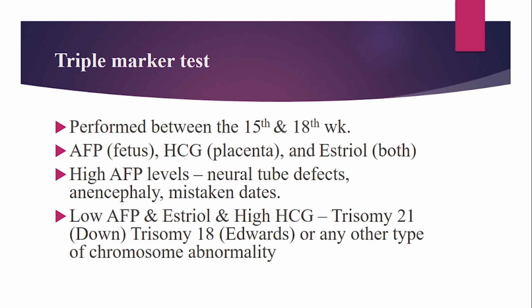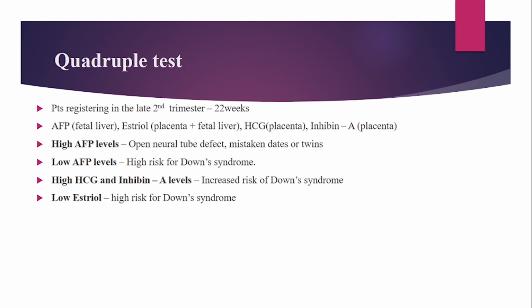But when you have a patient that has a low alpha-fetoprotein and estriol and high HCG, you have to think about trisomy 21, that is Down syndrome, or trisomy 18, or any other type of chromosomal abnormality. Now, this slide talks about the quadruple test, and this may be essential, particularly for patients registering very late with a past history or family history of congenital anomalies, and the tests that are done are also listed on the slide.